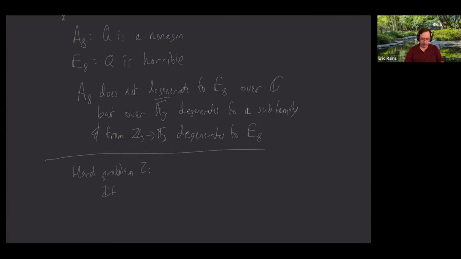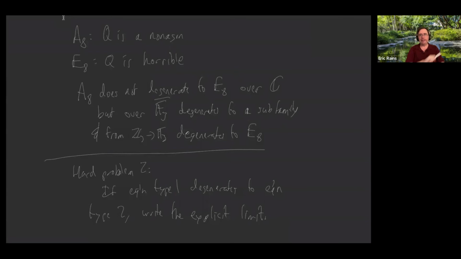Which is that if an equation of type 1 degenerates to an equation of type 2, we should be able to write a typical equation of type 2 as a limit of equations of type 1. This turns out to also be subtle, because the geometry tells you that there's a limit relation.